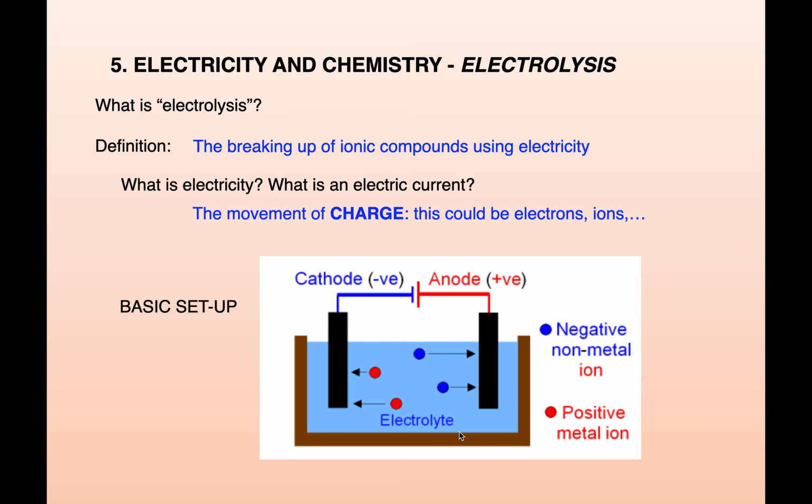You've got positive ions and negative ions. This is the electrolyte. We'll talk about these definitions in a second. You've got a cathode and an anode. We'll define them. And you've got a cell or a battery with a negative end, which is the left-hand side here, and the positive side. So this is the basic arrangement in order to make electrolysis happen.